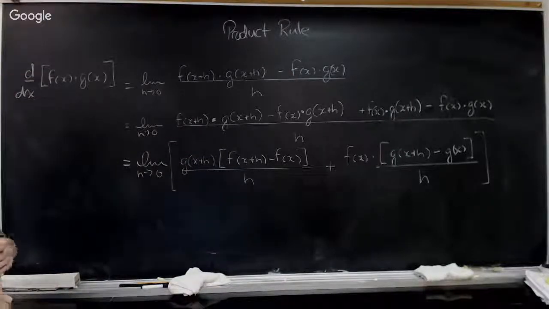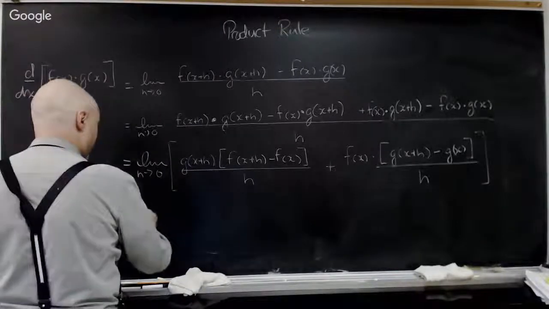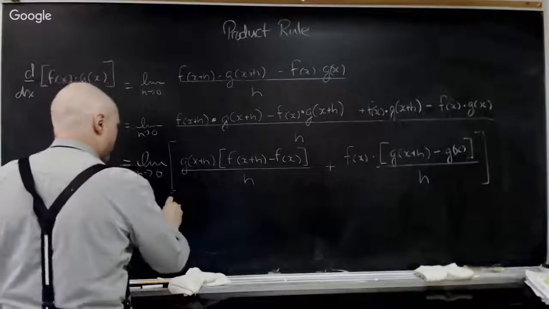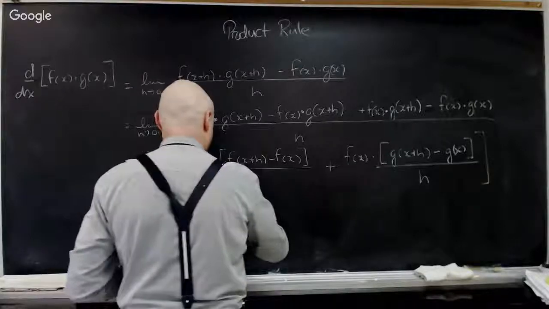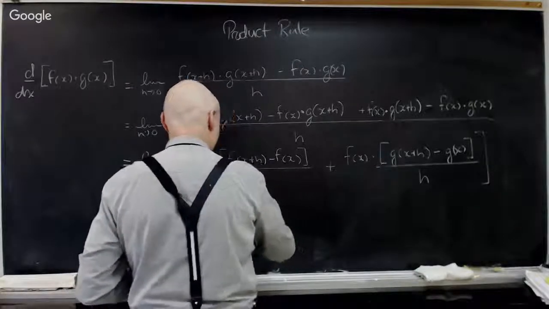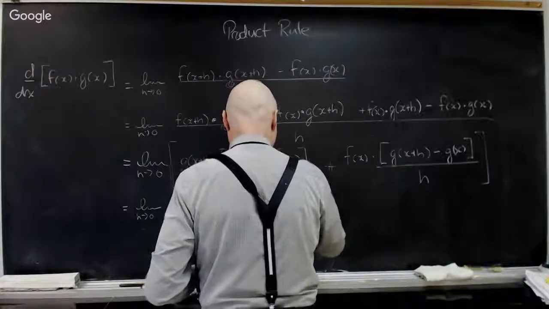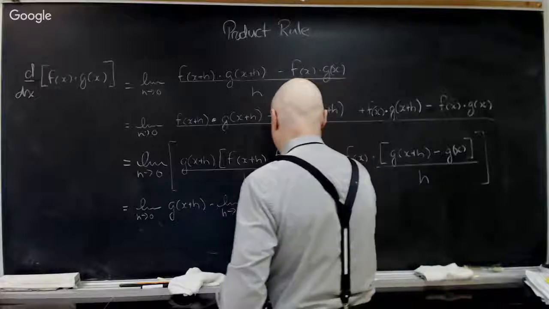All right. So now, the limit of a product is the product of limits. So this is limit as h goes to 0 of g at x plus h times the limit as h goes to 0 of f at x plus h minus f at x all over h.